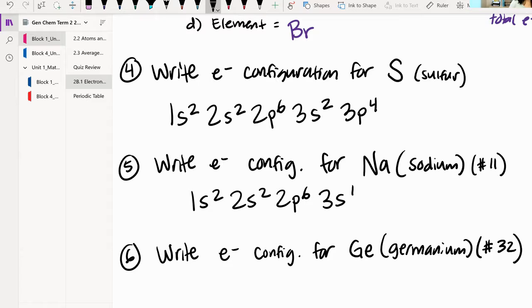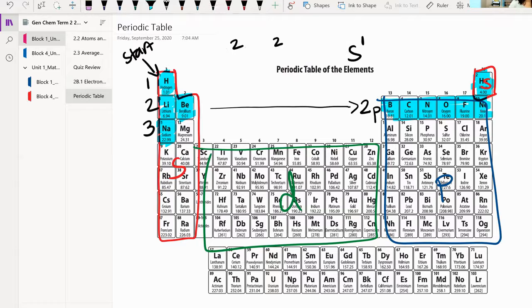So back to that periodic table. Germanium is number 32. So we're going to have to fill in all of these that I'm highlighting in blue here. All of these until we get to germanium, number 32 on our periodic table.